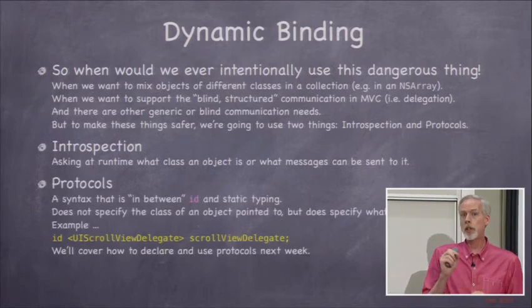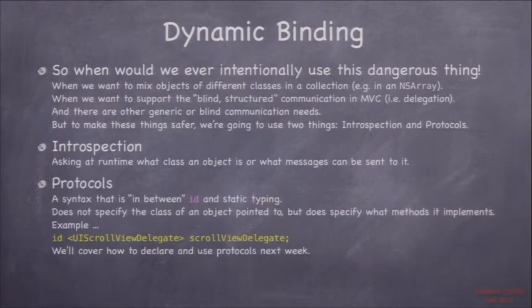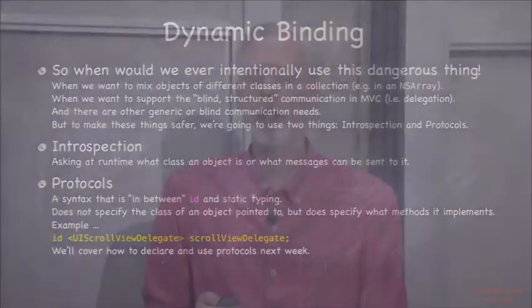And then another way is called protocols. Protocols is a way, using a little angle brackets after an ID, to say this is an ID, a pointer to some class, I don't know what it is, but it responds to this set of methods that I'm going to define with this little angle bracket thing like UIScrollViewDelegate. And that's how we do the delegation and data source thing. We're not going to talk about protocols today because you don't quite need them. We'll probably talk about them next week or the week after.